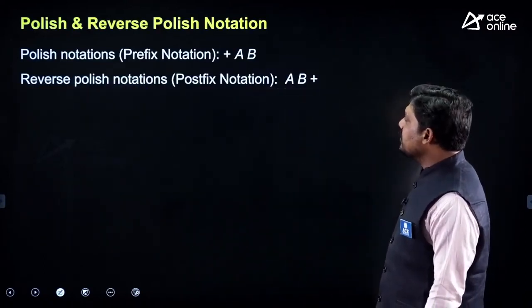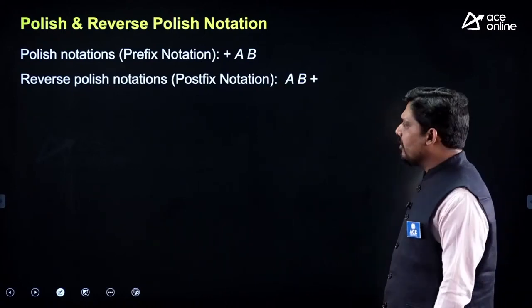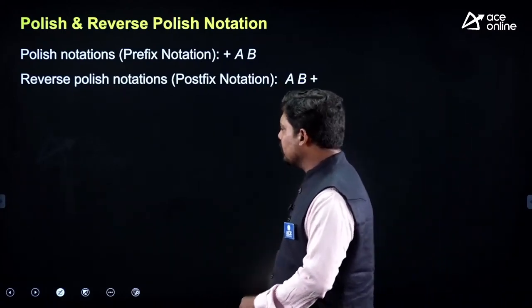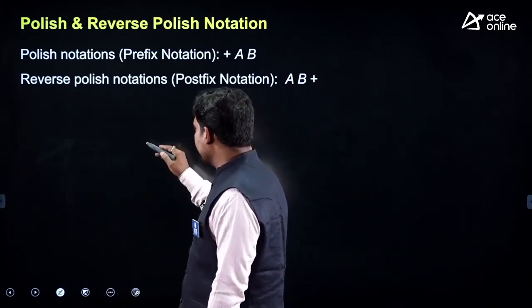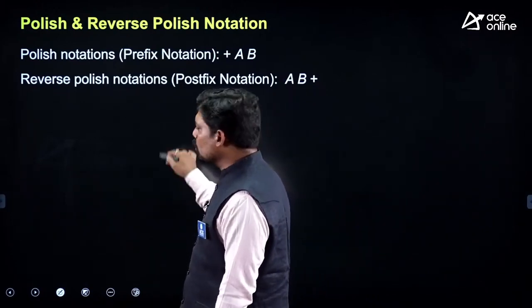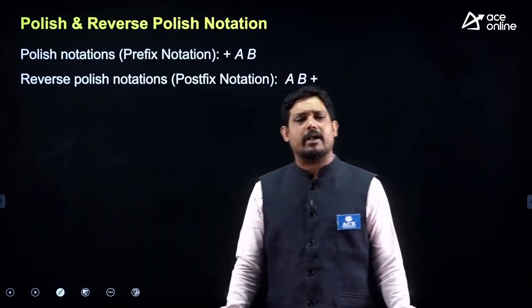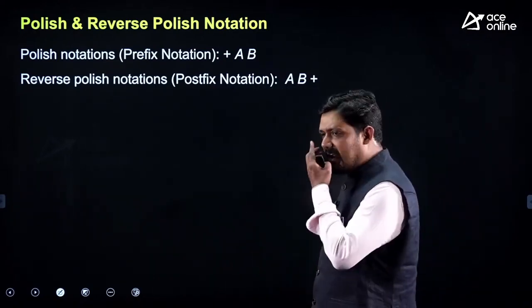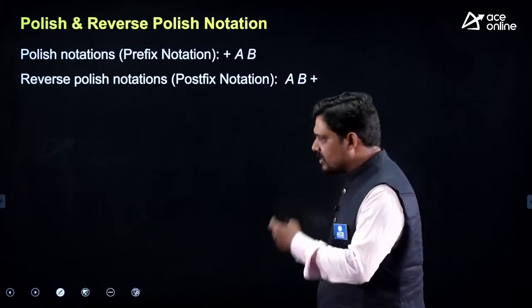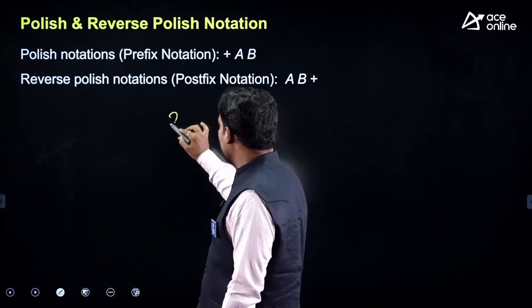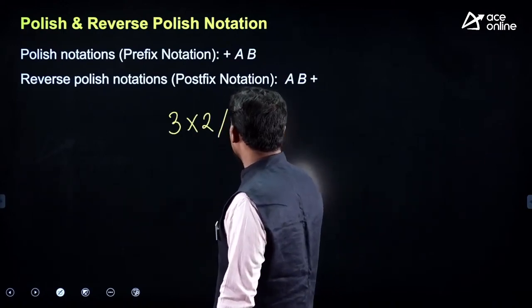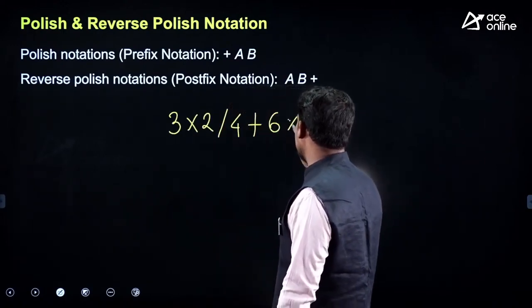But it has been observed that the basic implementation of this BODMAS rule has some issues related to the time required for evaluation. Suppose I write the expression 2 3 multiplied by 2 divided by 4 plus 6 and then multiplied by 3.